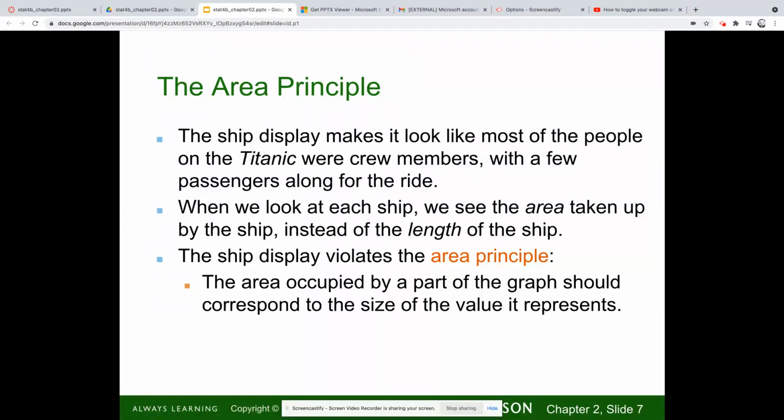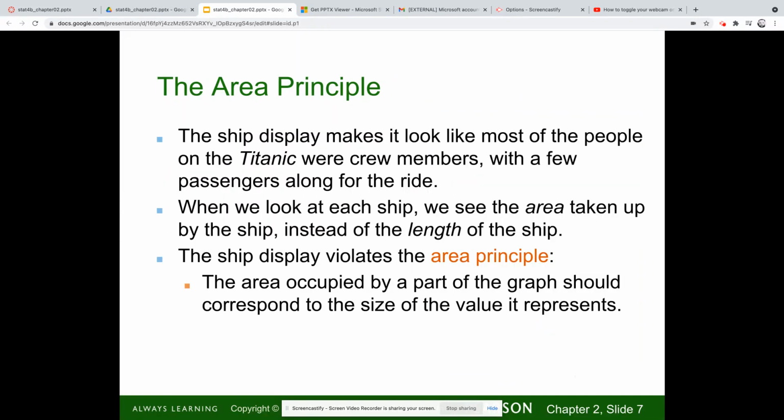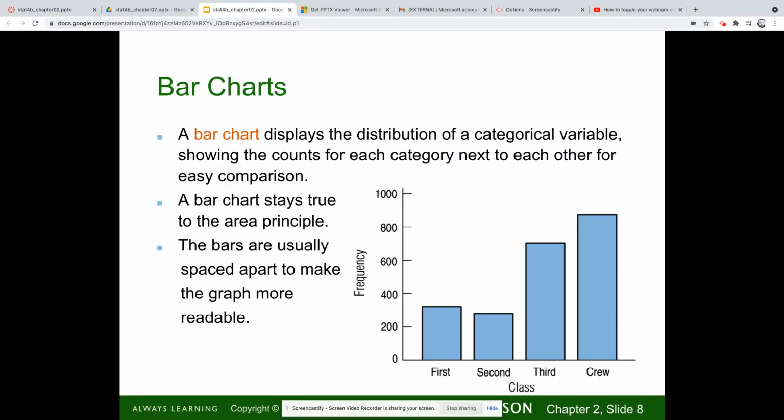In other words, when I look at this picture, I could tell the relativeness of it, sort of, but it's very misleading. If I just look at the picture, it's way, way bigger than the second class. The area occupied by the part of the graph should correspond to the size of the value it represents.